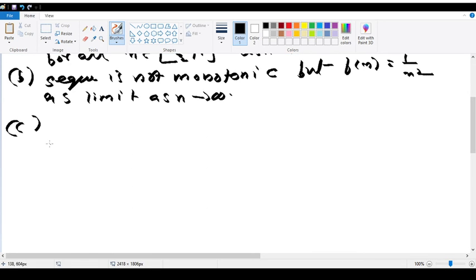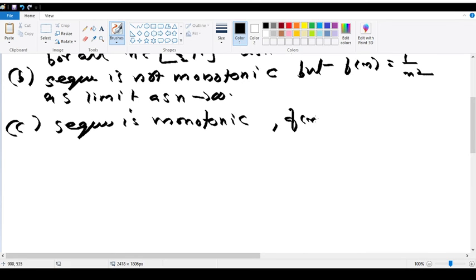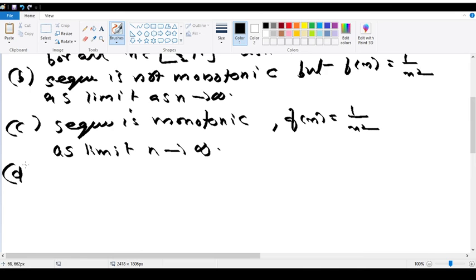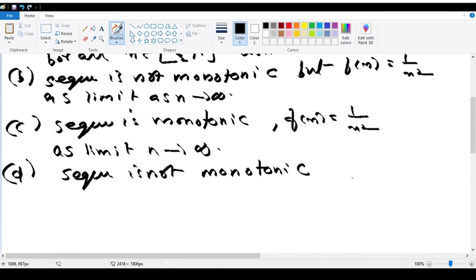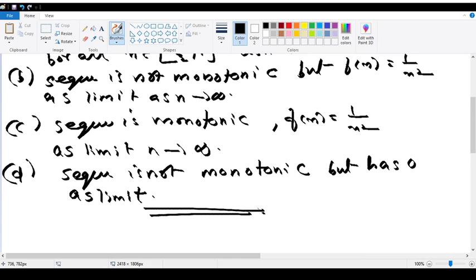Third option, sequence is monotonic and f of x equal to 1 by x square has limit as n tends to infinity. Last option, sequence is not monotonic but has 0 as limit. Which option is right?